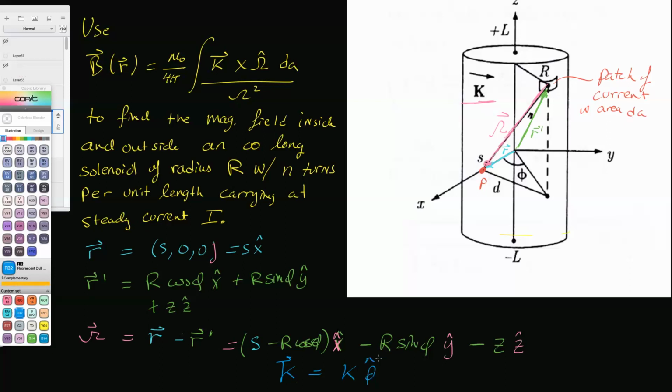But we've been using X hat, Y hat, and Z hat. So we know that we can go look up what phi hat is in terms of X hat and Y hat. And so it's actually K times negative sine phi X hat plus cosine phi Y hat. Okay, so that's what K is. Cool. What about DA?